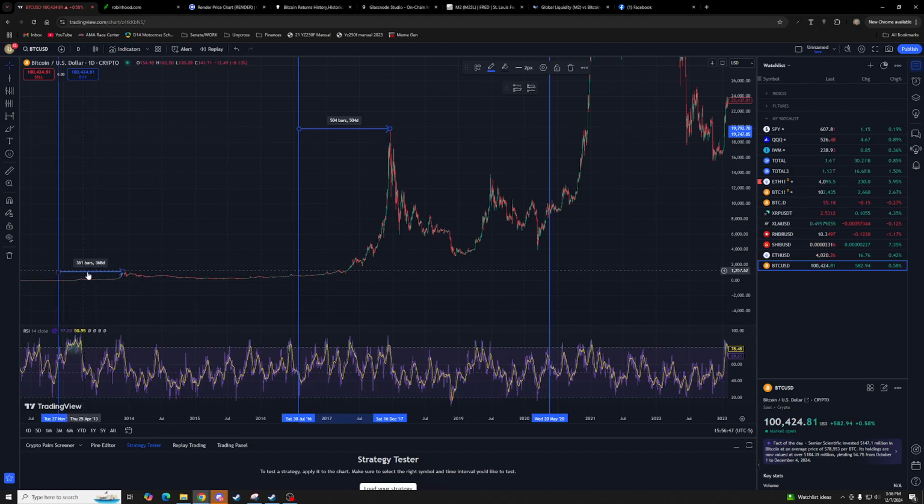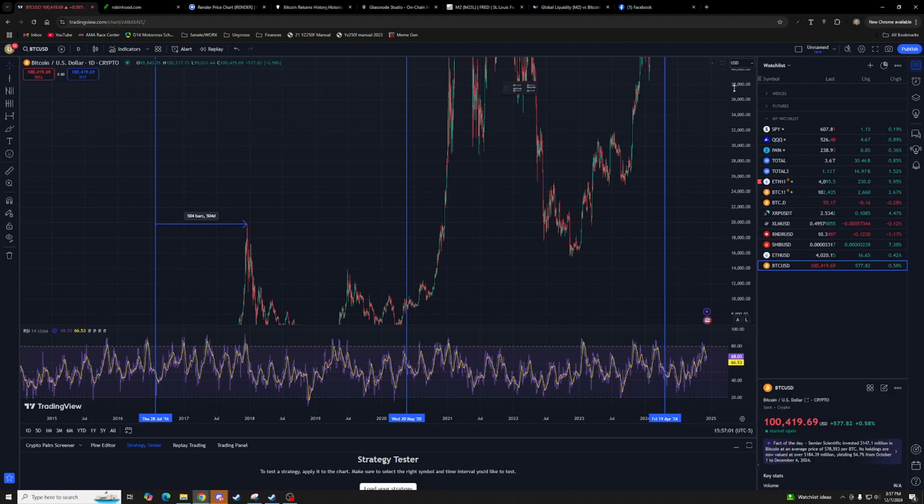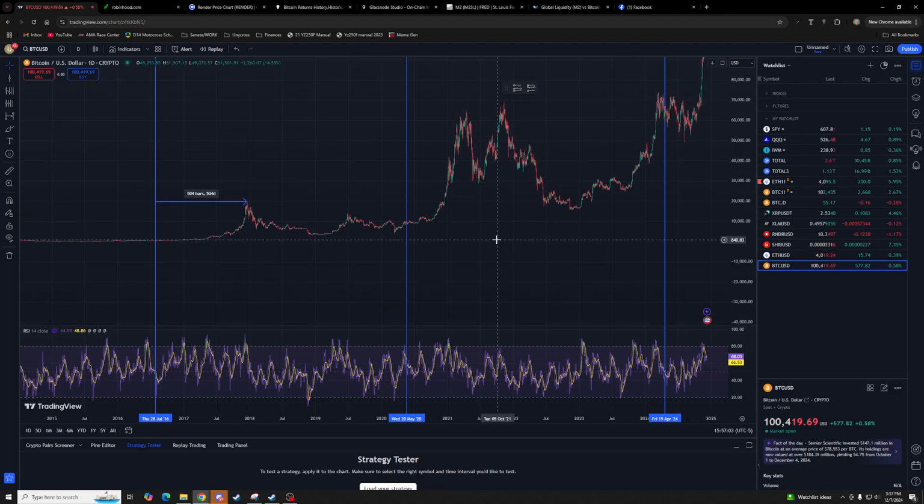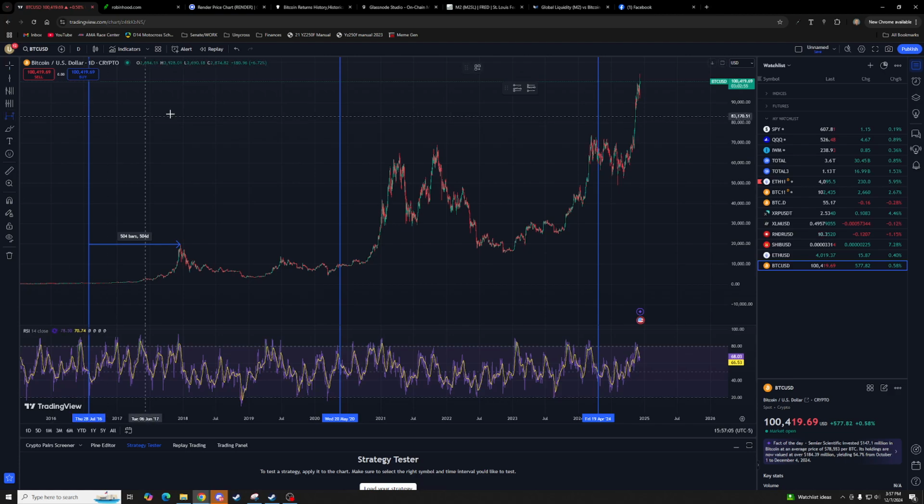This is the only one that breaks the cycle, and I feel like this is because nobody really knew what Bitcoin was and it wasn't adopted yet. But you'll notice this pattern once we get a little further here. I feel like the first cycle can be discredited in almost every analysis you do. That's what I've noticed over time. But alright, so you go here, and you go here.